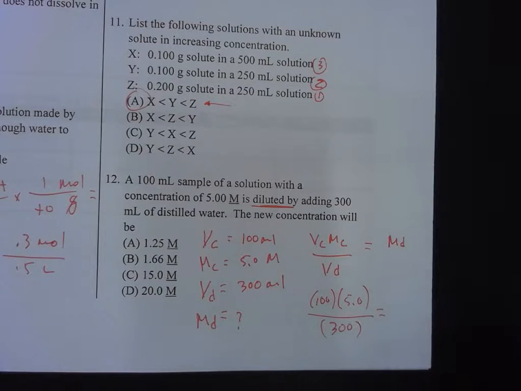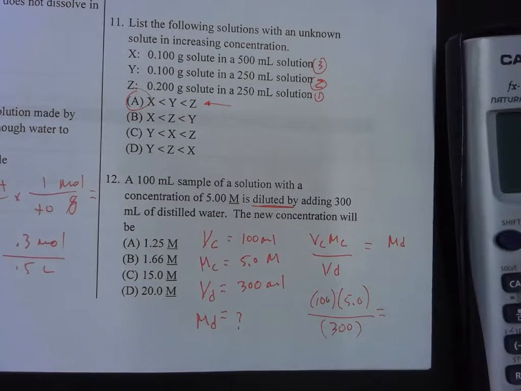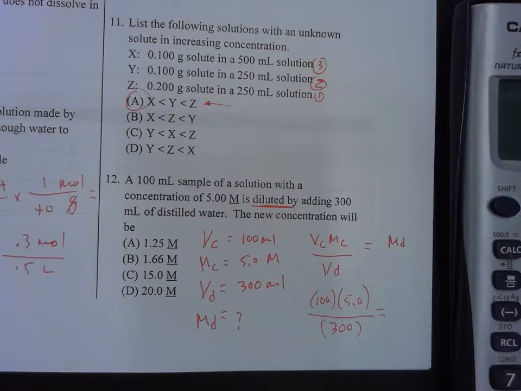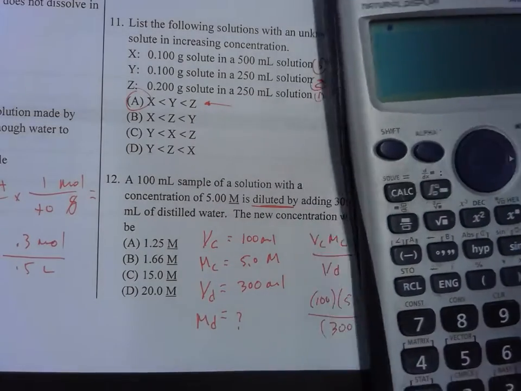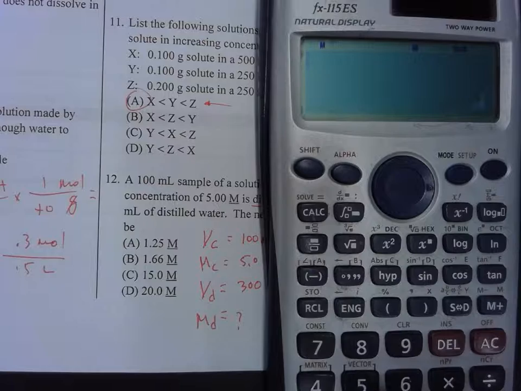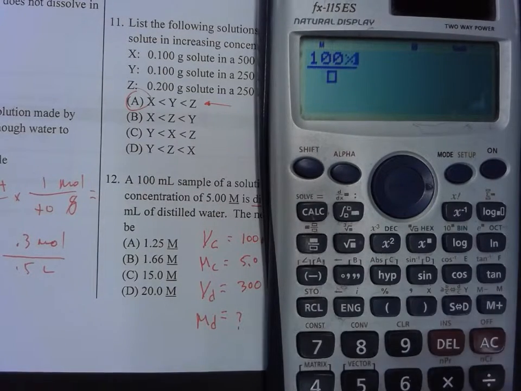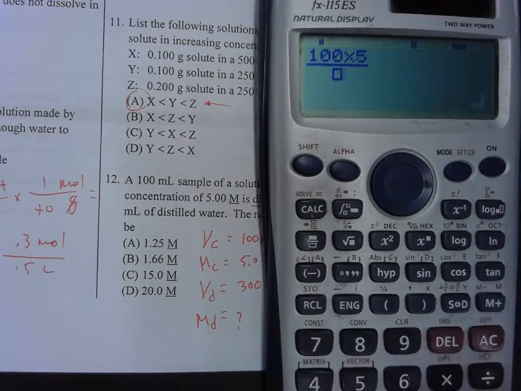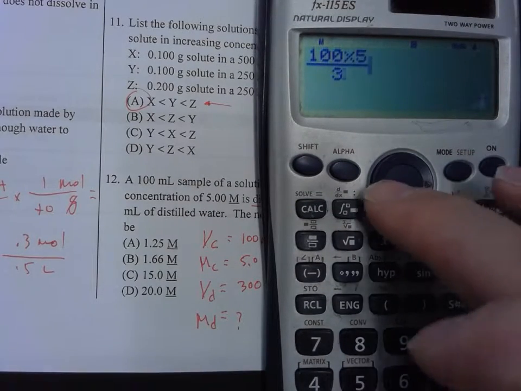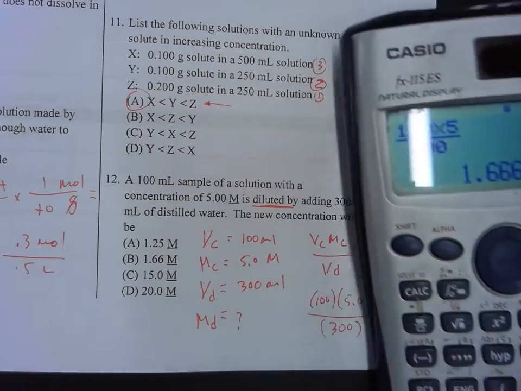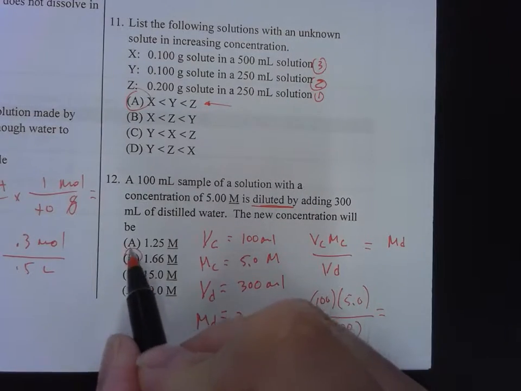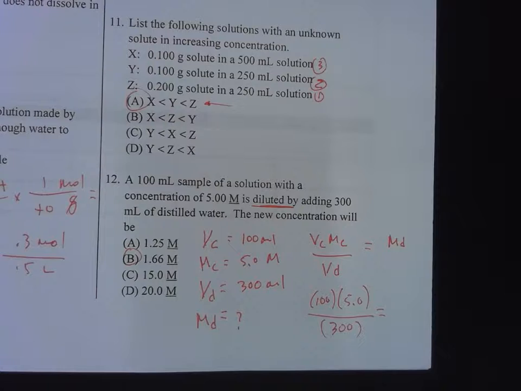So 100 times 5 divided by 300, that's 500 divided by 300, equals 1.66.